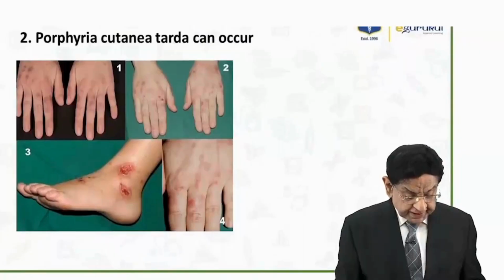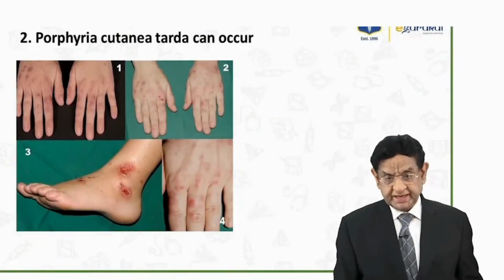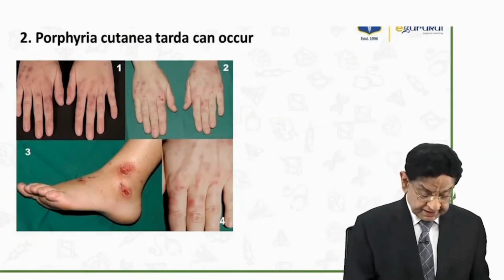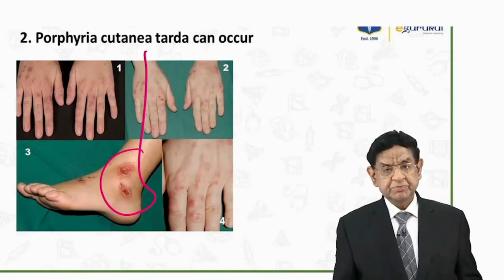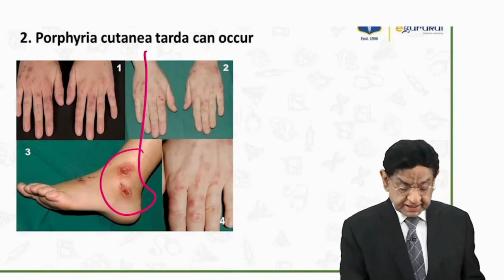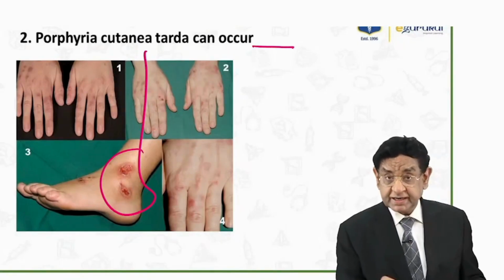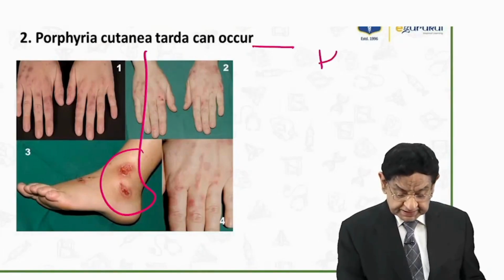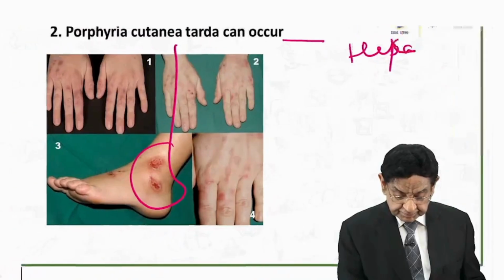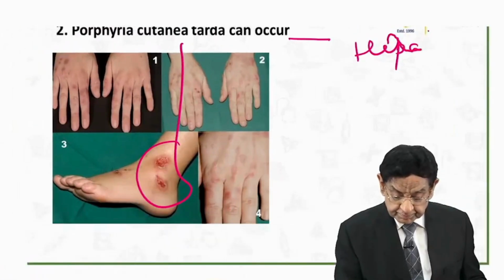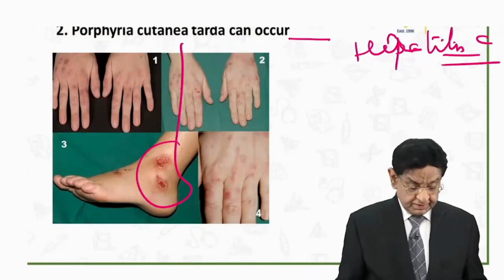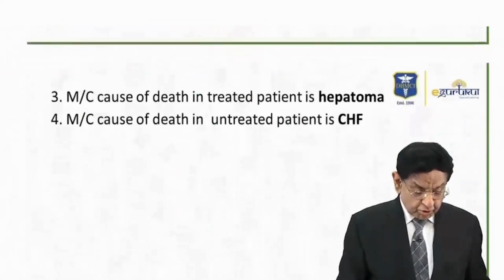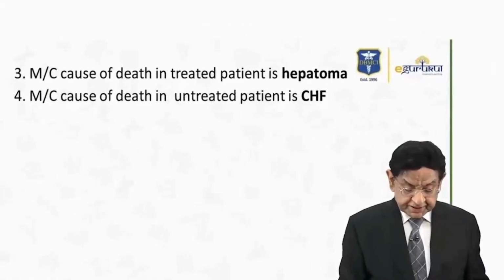Porphyria cutanea tarda is a type of porphyria where skin involvement is there. It can occur in hemochromatosis. Extra point, porphyria cutanea tarda can also occur in hepatitis C. Point to be noted: the most common cause of death in a treated patient is hepatoma.